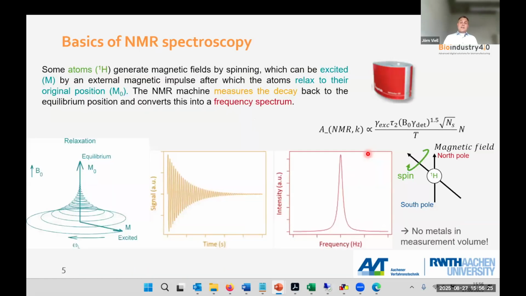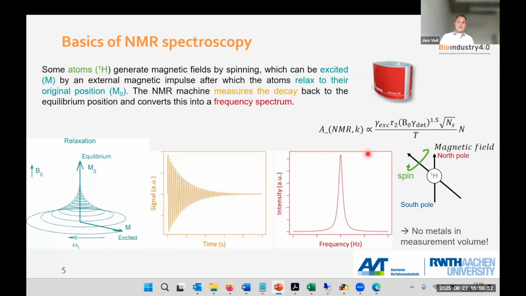The principle behind, I don't want to go into the quantum details here, but some atoms, in particular the protons, have a magnetic spin that can be analyzed by NMR by applying an external magnetic field and exciting that spin and measuring the time that it takes to recover to its original position.